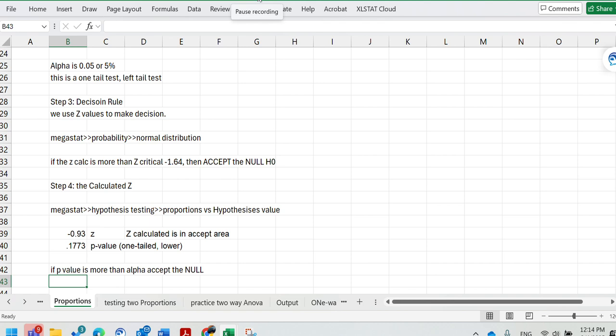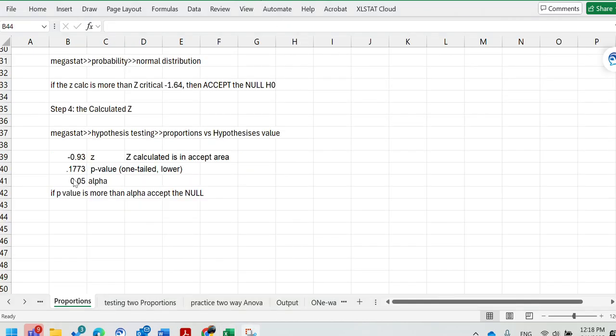Here the p-value is 0.17, and our alpha is 0.05. Alpha is very small, 5 compared to 17. So again, we will accept the null.